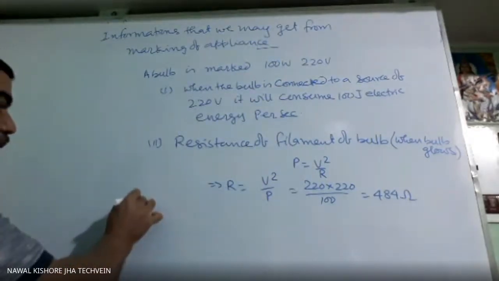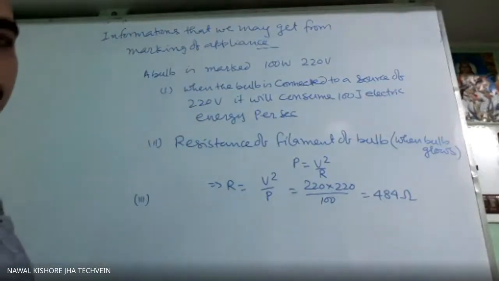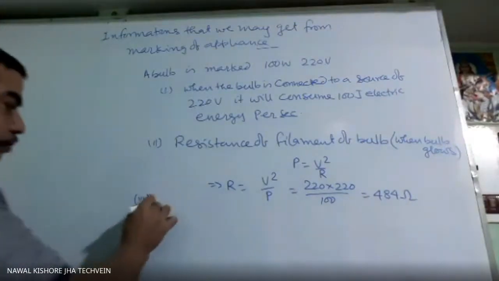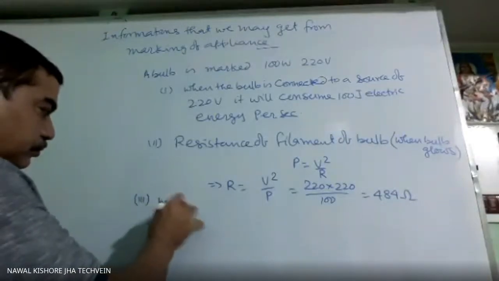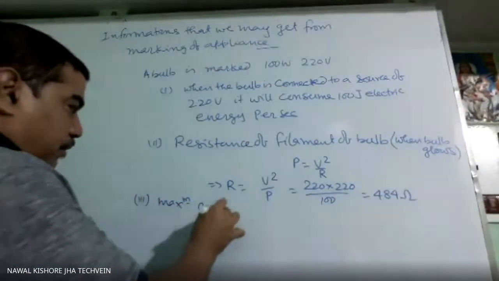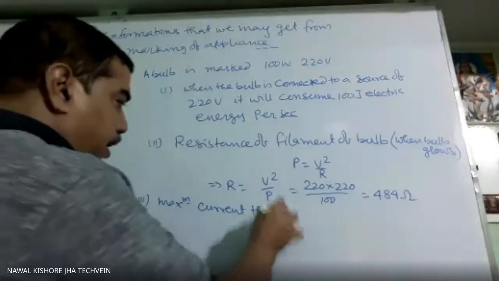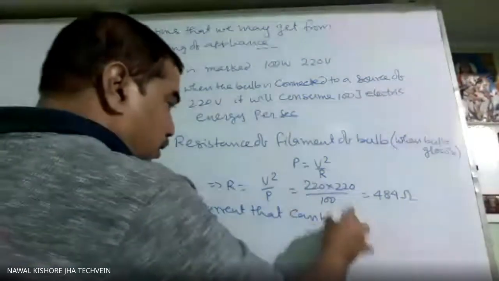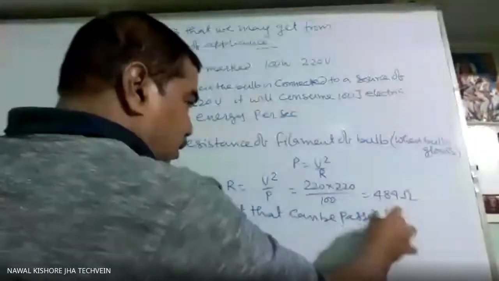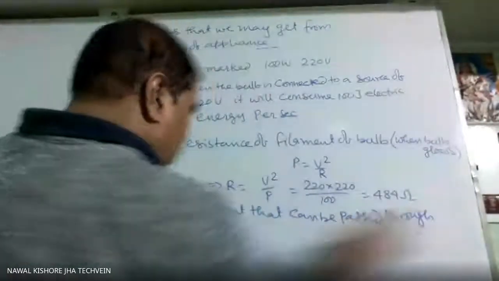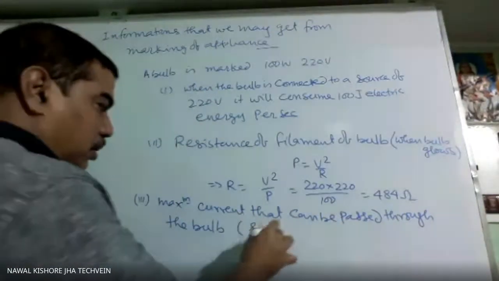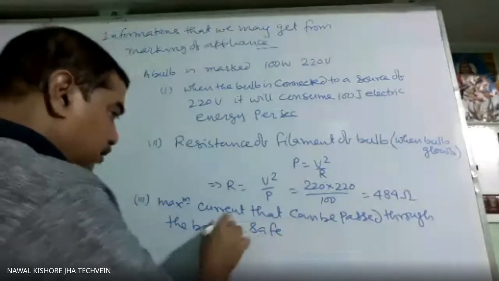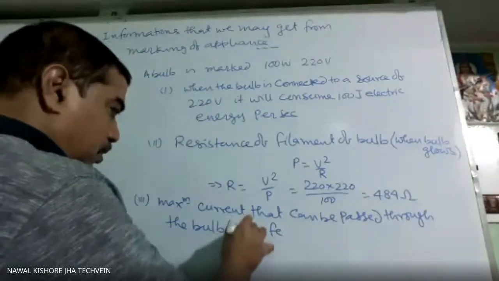Third information we can get is the maximum current that can be passed, or that we call the safe current, or maximum safe current, you can say, or simply safe current.